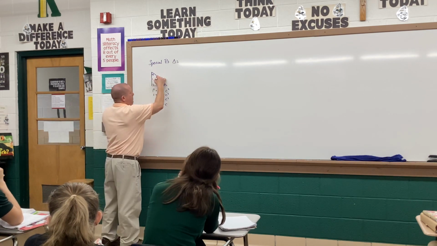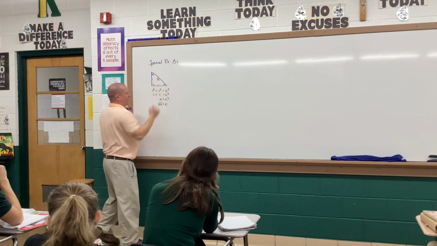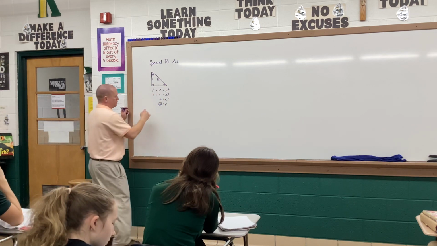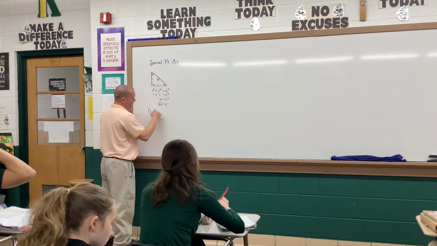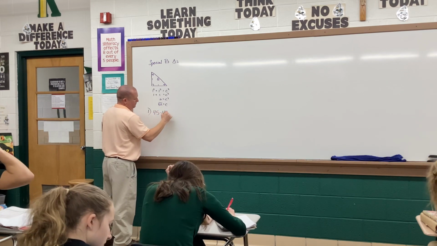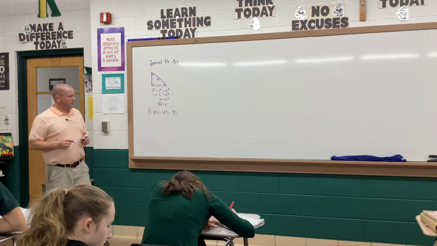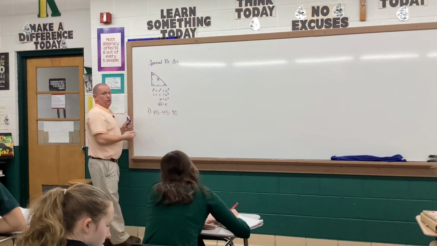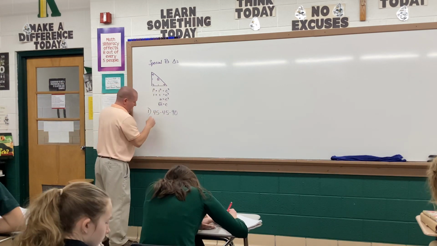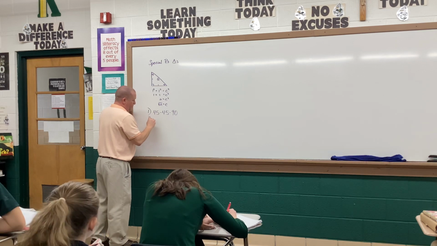So when we talk about special right triangles, this is our first special right triangle. Number 1 is a 45, 45, 90-degree right triangle. Now, what we just proved are the ratios of the sides, and this is important.